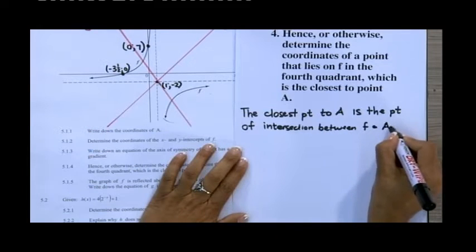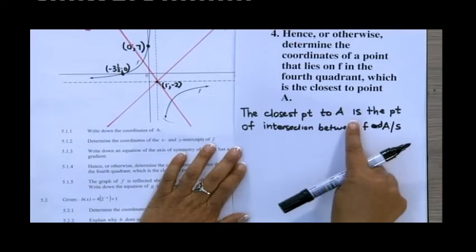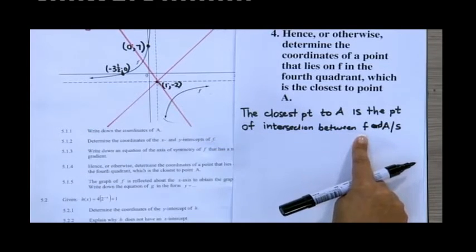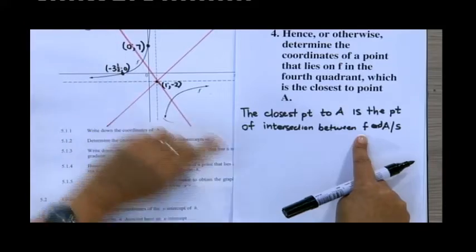I wrote the closest point to A is the point of intersection between F and the axis of symmetry. You want it in the fourth quadrant, so we are going to use obviously this axis of symmetry here.